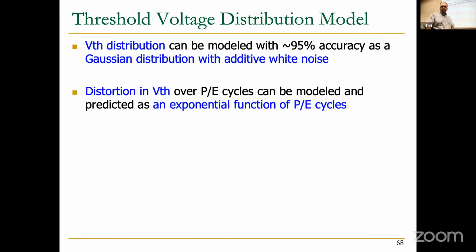With this Gaussian model, we could provide 95% accuracy, which might be okay, but in reality, we need much higher accuracy because you have many flash cells, and 5% inaccuracy is also a lot. So you actually need to push for 100% accuracy.